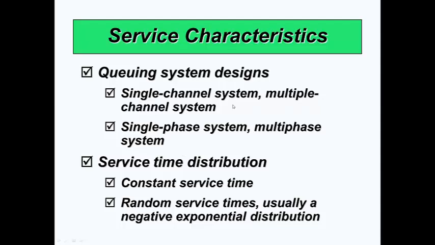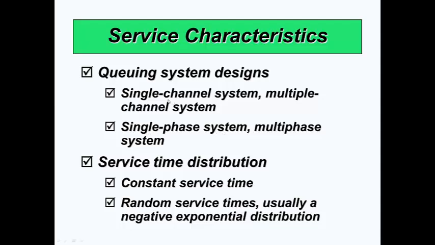This is an important terminology in waiting lines. The most basic waiting line is a single channel, single phase system. A small bank's ATM is an example of a single channel, single phase.